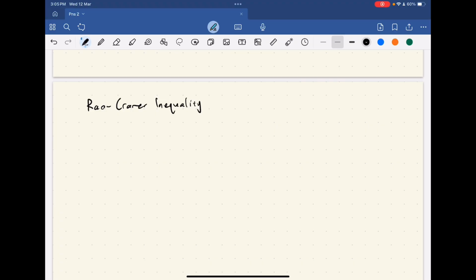First, some motivations before we start. One of the applications of the Rao-Cramer inequality is so that we can measure a property of estimators in general, that we call efficiency.